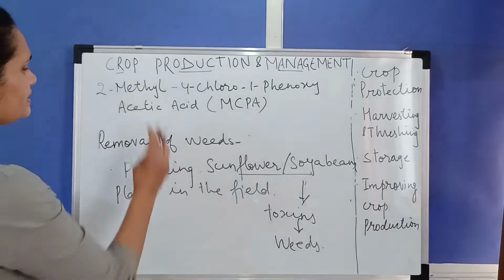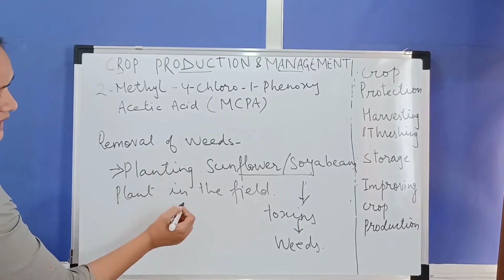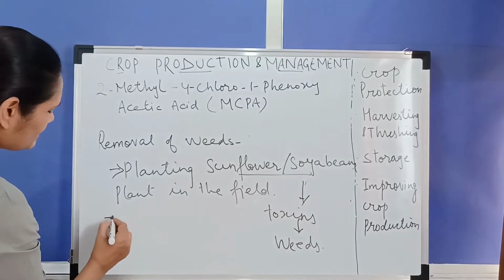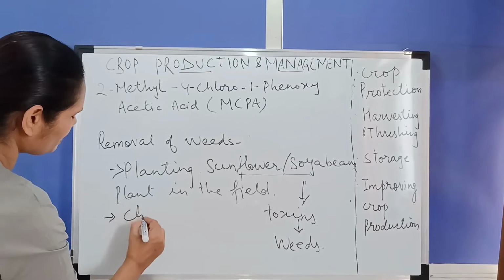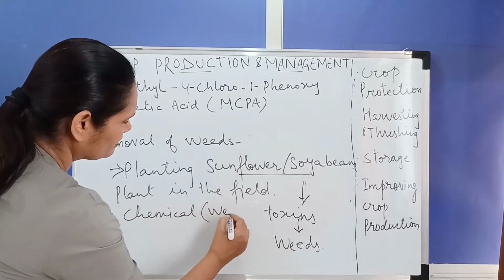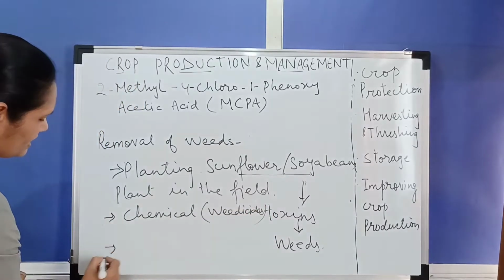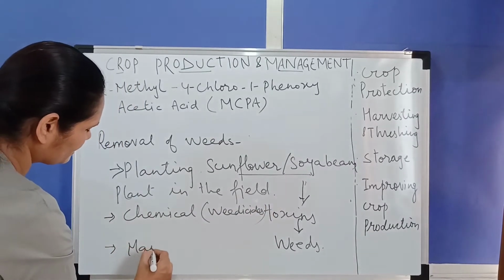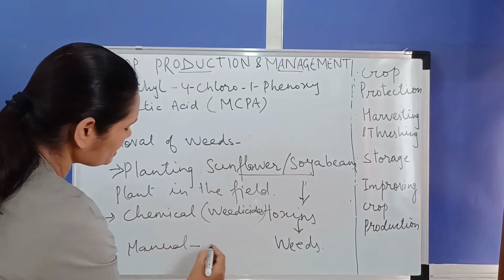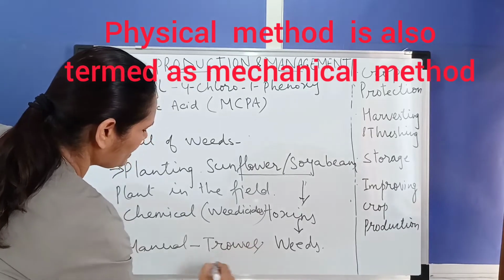So there are three ways. One is planting such plants like sunflower or soybean, the second is the chemical method, that is weedicides, and the third is the manual way or physical method, which is using a trowel or harrow.